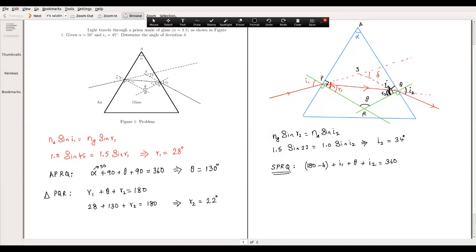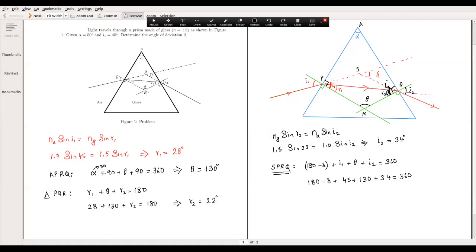This allows us to calculate delta. So 180 minus delta plus I1, which is given, that's 45 degrees, plus theta we calculated is 130 degrees, plus I2 we calculated is 34 degrees, which overall has to equal 360 degrees.